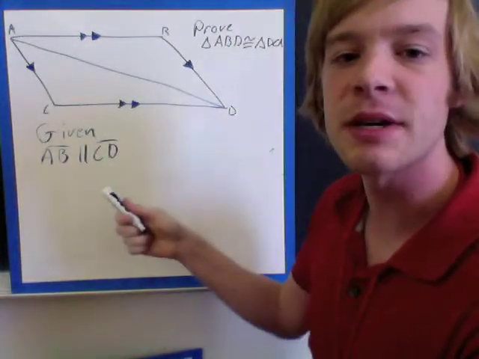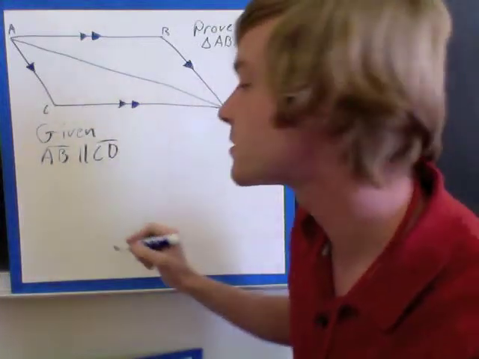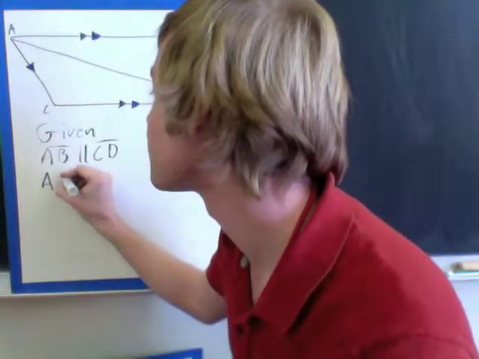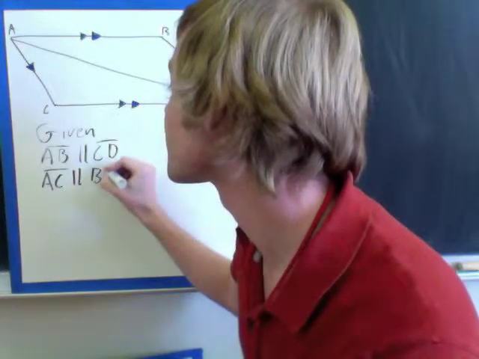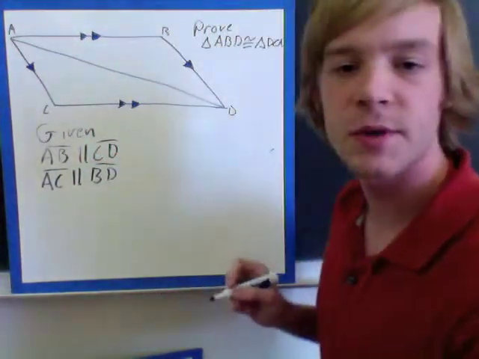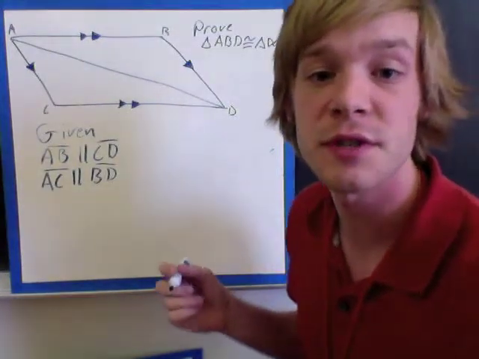So you say AB is parallel to CD, and AC is parallel to BD. Okay? And these are our only givens because we don't have any dashes anywhere, we don't have any curves.